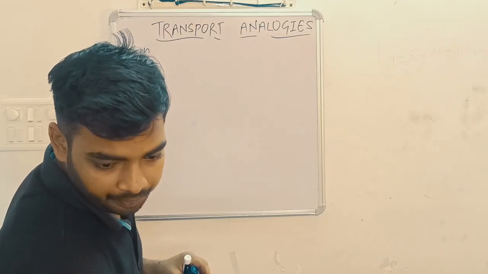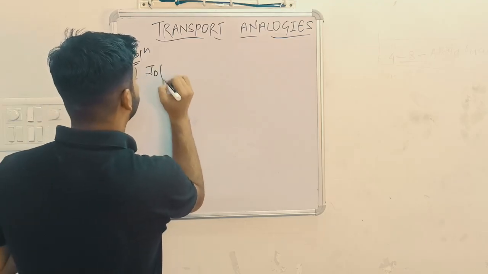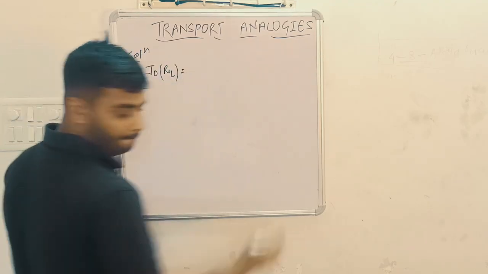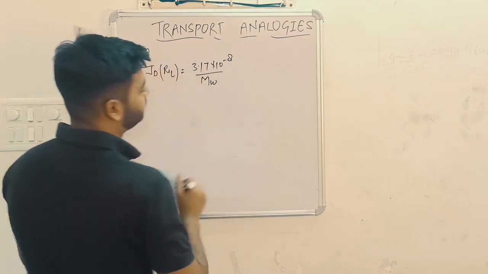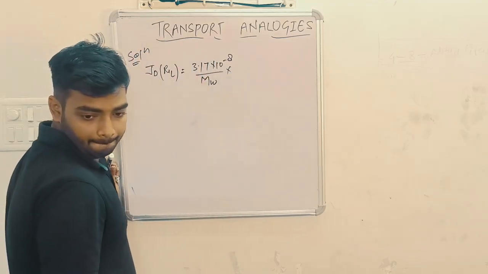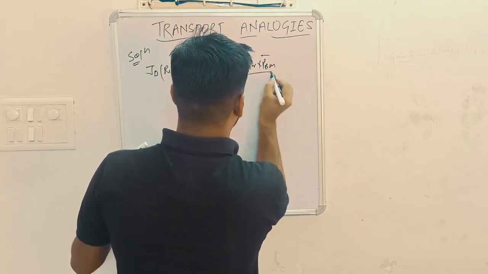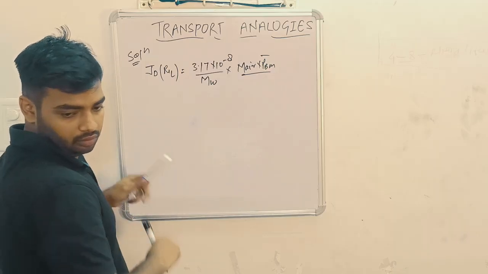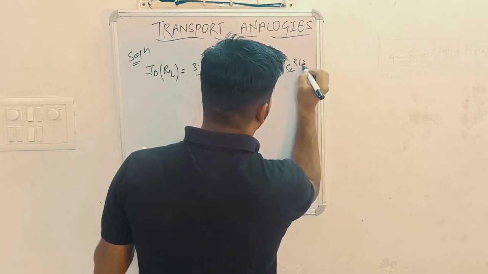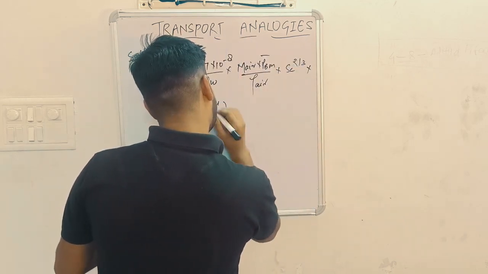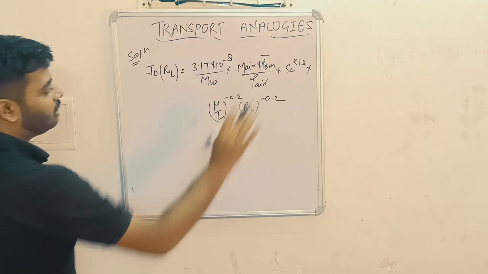So we have the final form of JD as JD equal to 3.17 into 10 power minus 8 into molar weight into m air into ppm upon density of air into Schmidt number power 2 by 3 into mu by L power minus 0.2 into Reynolds number power minus 0.2. So this is our final expression.